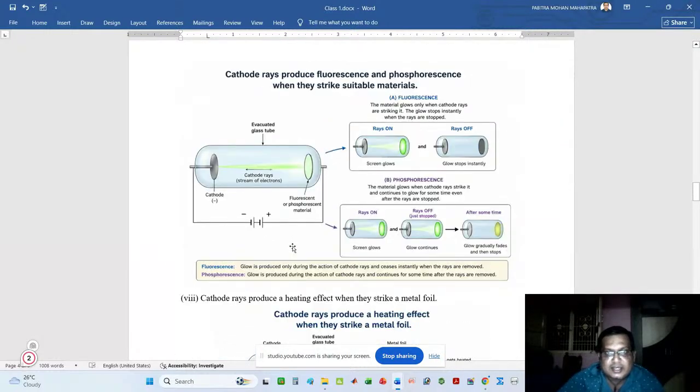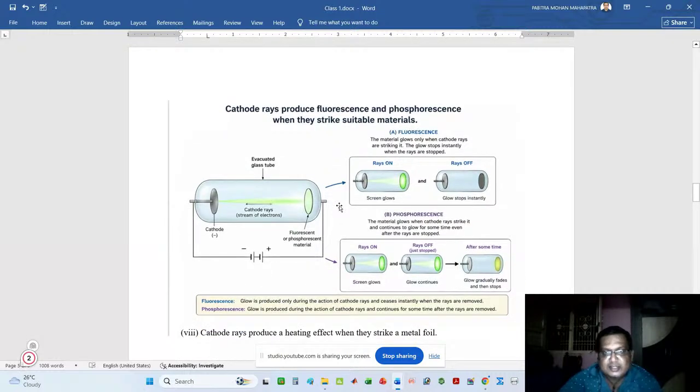Look at that, here a diagram is given. When the ray starts passing from cathode to anode, what happens? And when the ray is off, that means there is no flow of ray from cathode to anode. In case of fluorescence, what happens? Actually, the cathode ray starts to flow from cathode to anode.